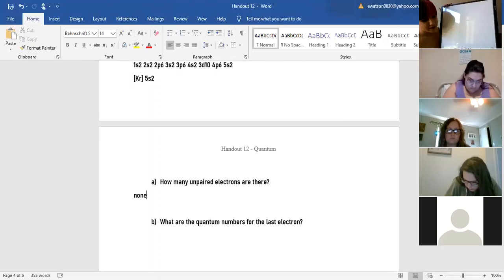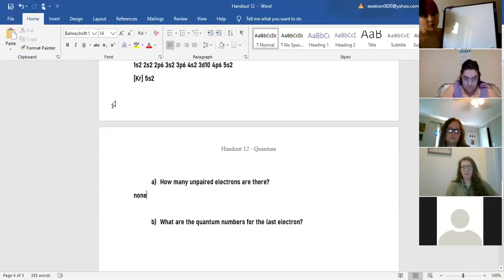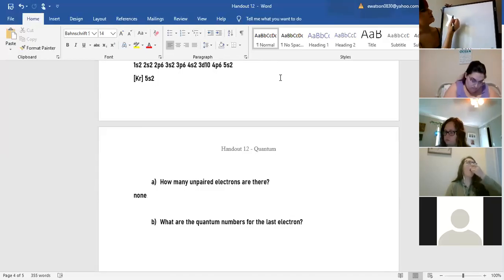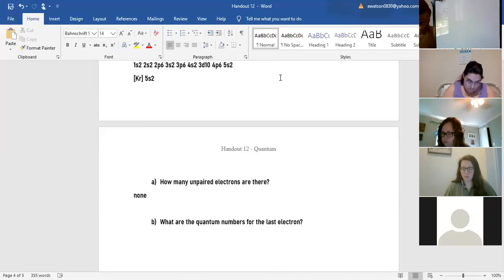Well, I guess one of 3 ways. 1, you can totally ditch the orbital diagram and not do it at all. 2, you can do the orbital diagram for all of these orbitals. But I'm going to go with option number 3, which is to just draw the last orbital since we're only looking at the last electron. And I am lazy and I don't want to draw all of the orbitals. So I'm going to stick with this 5s orbital.